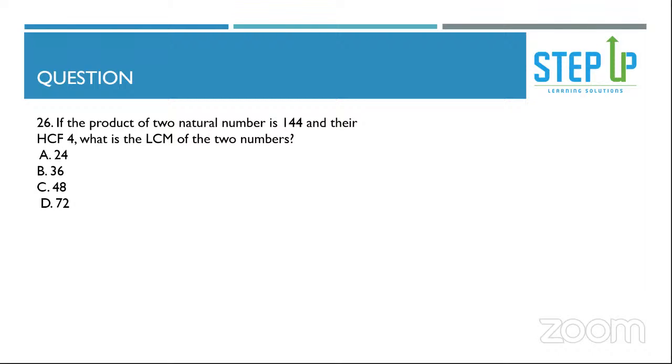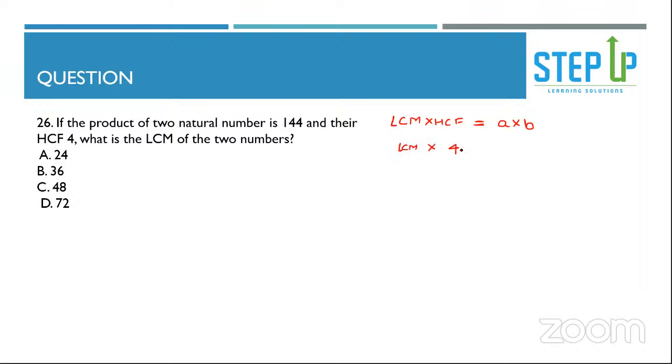If the product of two natural numbers is 144 and their HCF is 4, what is the LCM of the two numbers? There is one direct property: LCM into HCF is equal to the product of the two numbers, A into B. We need to find the LCM.